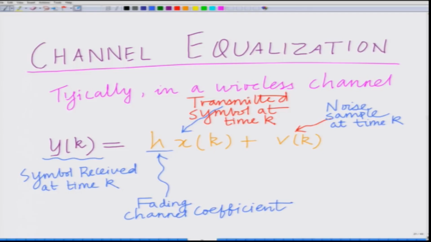So I have the system model which can be described as Yk equals h times xk plus Vk. Yk is the received symbol, h is the fading coefficient, xk is the transmitted symbol, Vk is the noise sample.